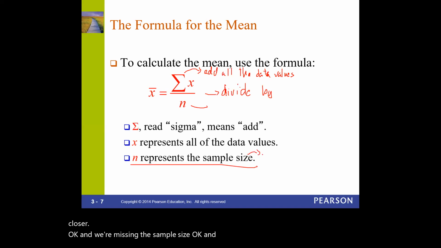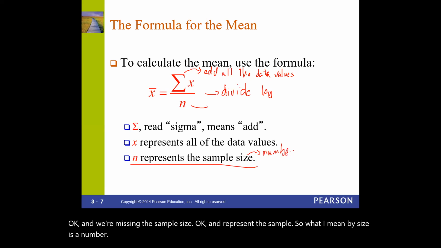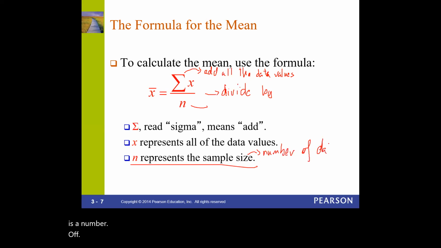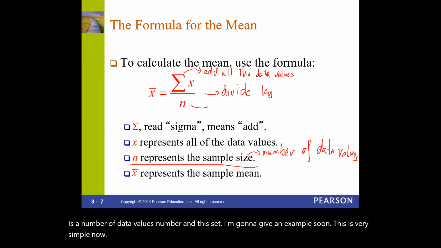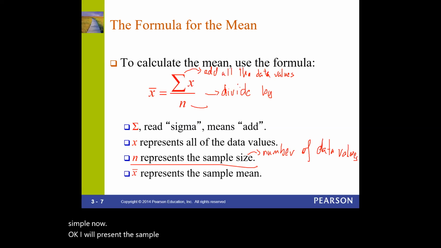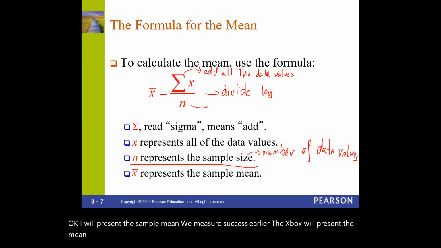What I mean by size is the number of data values. I'm going to put that n is the number of data values in the set. I'm going to give an example soon. This is very simple. And X bar represents the sample mean. Like I said earlier, X bar represents the mean for a sample.